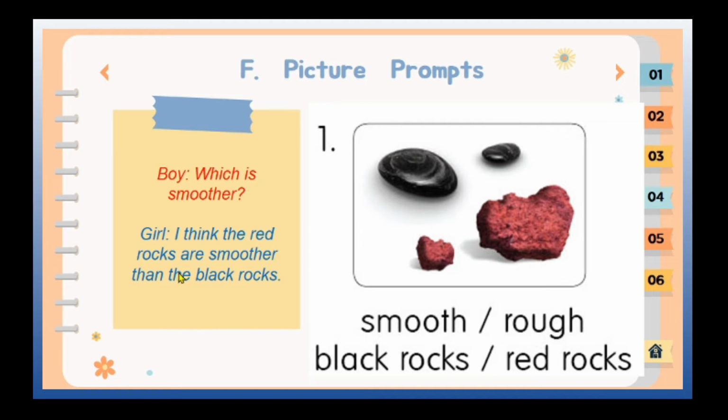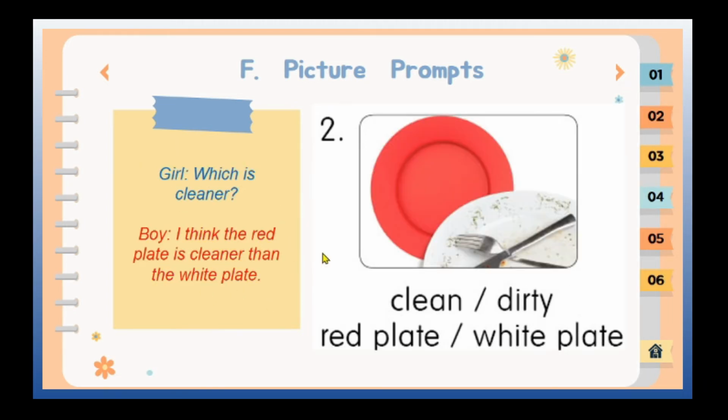I think the red rocks are smoother than the black rocks. Okay, so I want you to remember this pattern. Next one, in number 2, take a look at the photo closely. You have here clean, dirty, red plate, or white plate. So you have here, girls, let's read. Which is cleaner? I think the red plate is cleaner than the white plate.